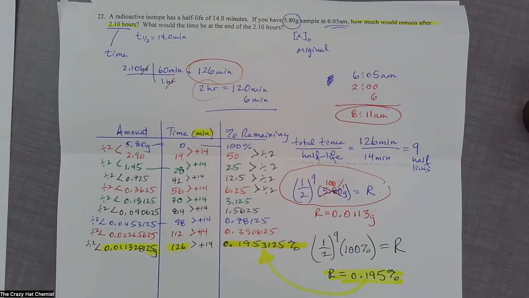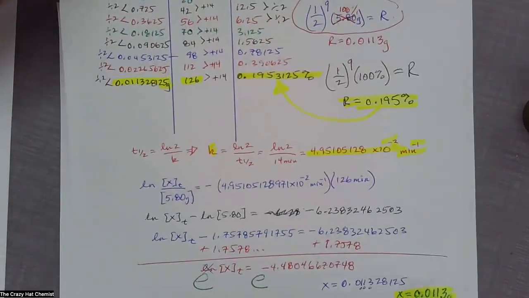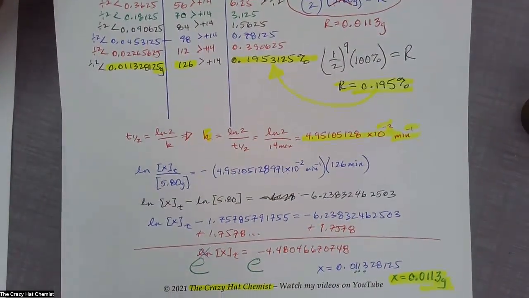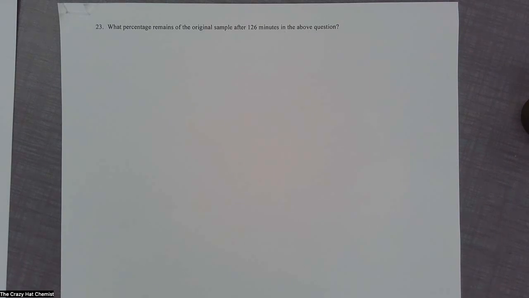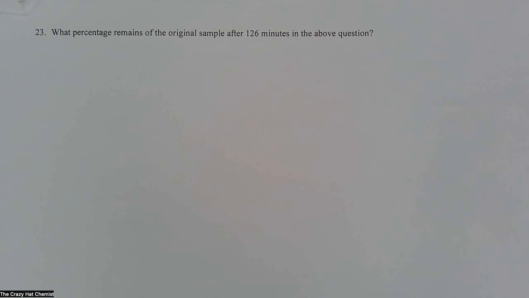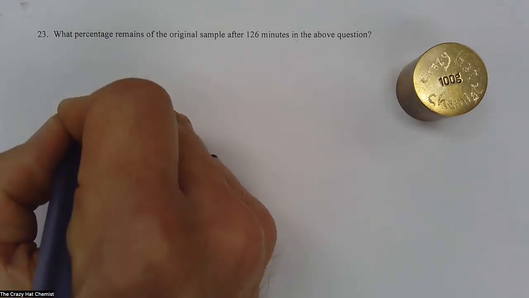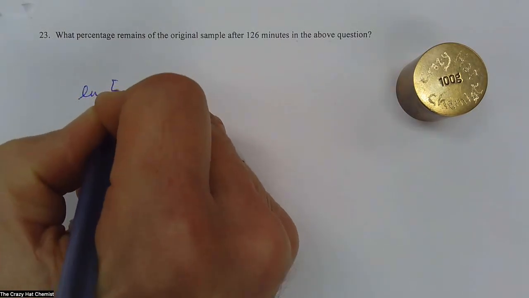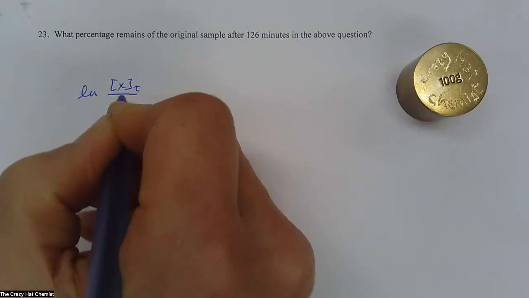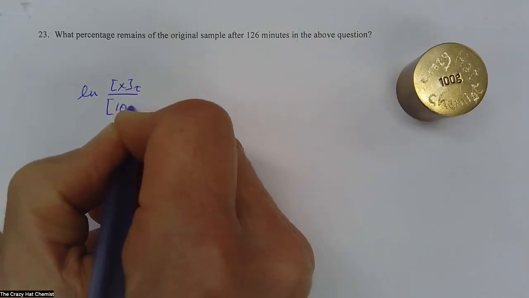Let's see if we can do it with the integrated first order rate law. We had done that one before too. We had a bunch of work on this, and we're going to be using something similar to that. We're going to be using some of the same numbers that we had used before. So I'm going to write that right down on here, and then hopefully that will make this process rather simple and easy. Okay, so we have natural log of x sub t over natural log of 100%.